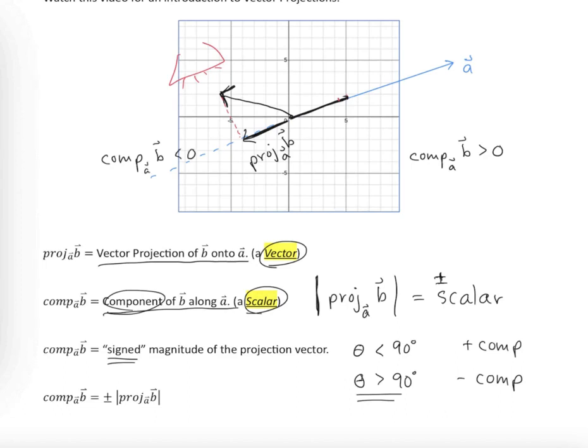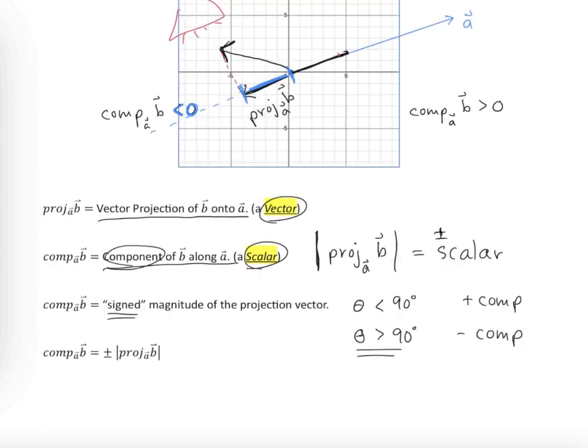And again, the component is the magnitude of this vector, the length of that projection vector. But if it turns out to be a negative quantity, we know that that projection must have been in the opposite direction of A. So the component can be either positive or negative, and that just tells me about where that projection vector is headed. Is it along A or is it in the opposite direction of A?